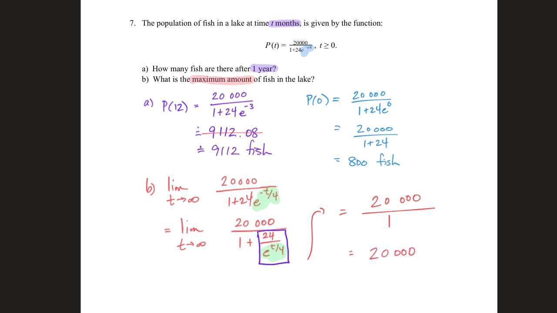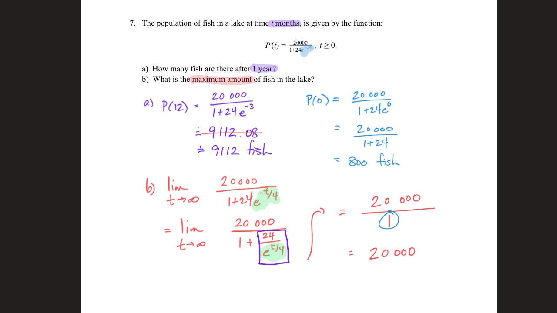And this is where we have to be careful. The only way that I get 20,000 is if I took 20,000 and I divided by 1. The problem is that denominator isn't really 1. It's like 1 and a bit. And if it's 1 and a bit, then my answer shouldn't really be 20,000. It should be a little bit less than 20,000.